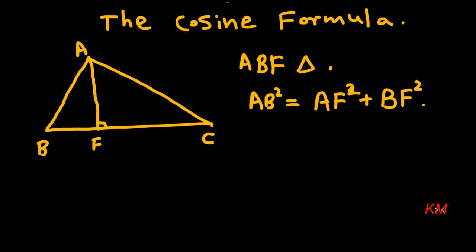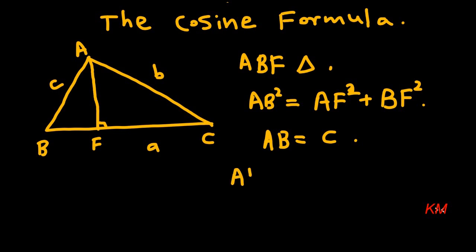Let's consider AB. AB equals small c, and AC equals small b, and this BC base is equal to small a. Hence AB equals small c, and we need to write an expression for AF.